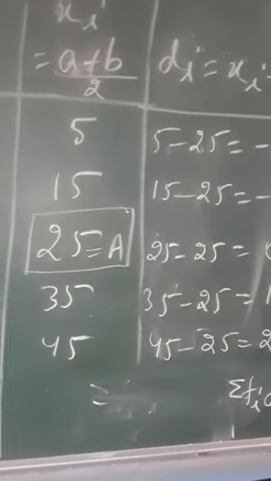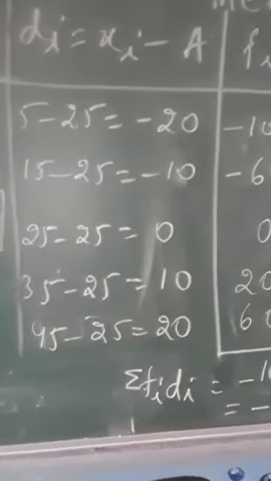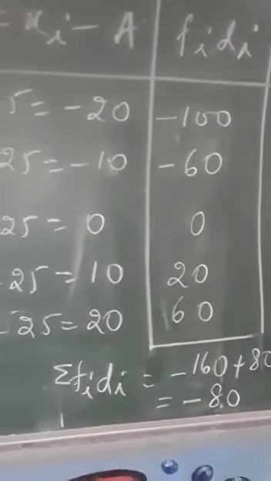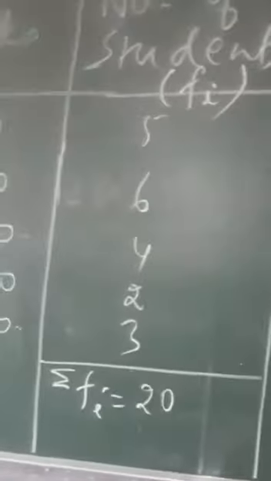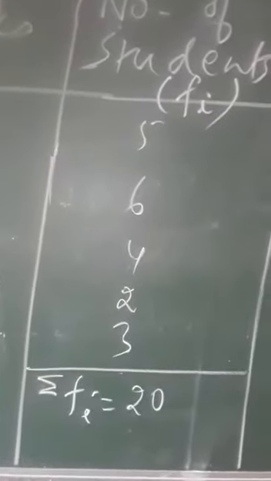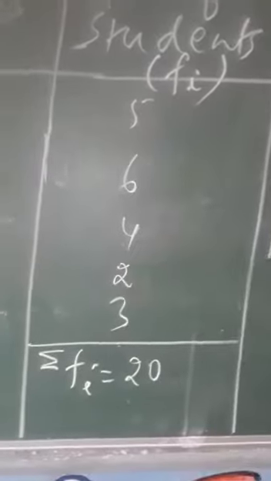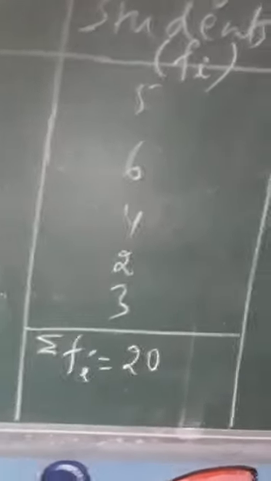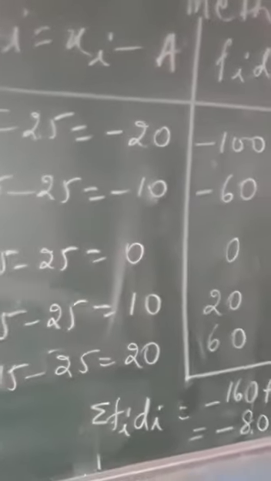we have to find out the product of fi and di. Value of fi is given to us. They are 5, 6, 4, 2 and 3. So first term is 5 of fi, and the first term of di is minus 20.